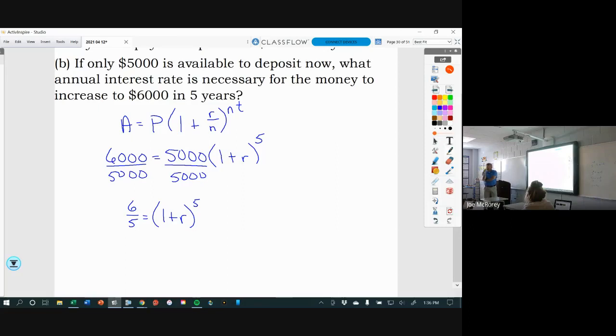Okay. So what if instead of taking the 5th root of both sides, which is technically the exact same thing, I raise each side to the 1/5 power. Isn't that more complex? It's really not.